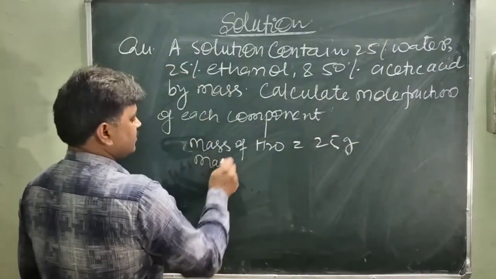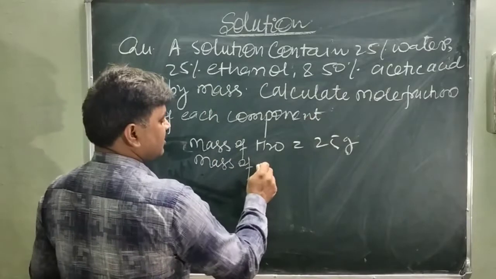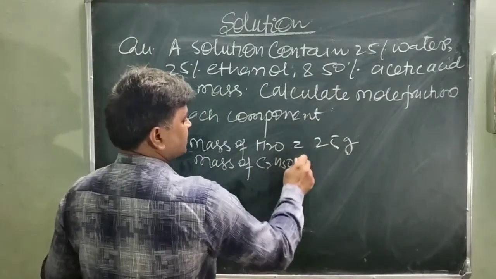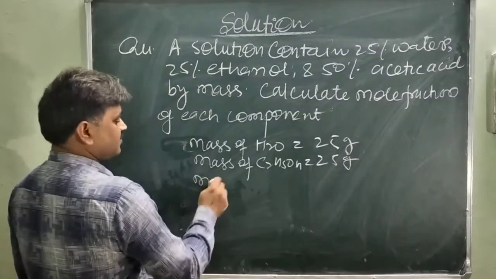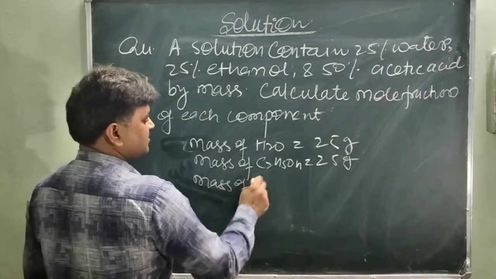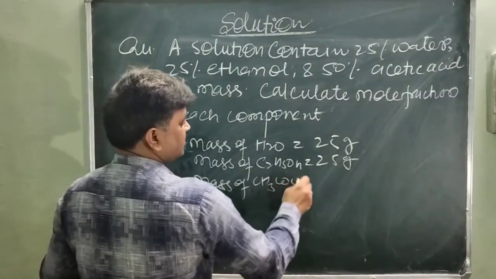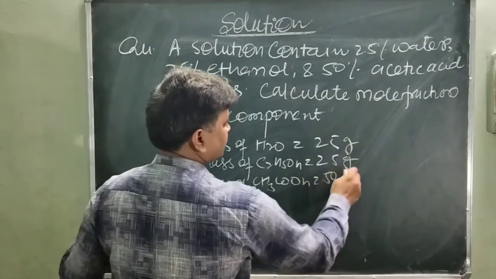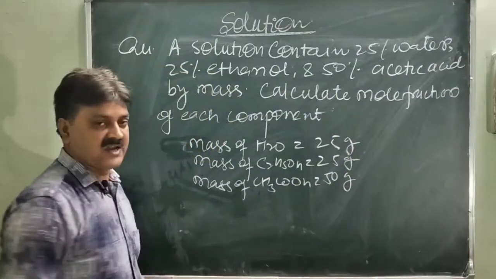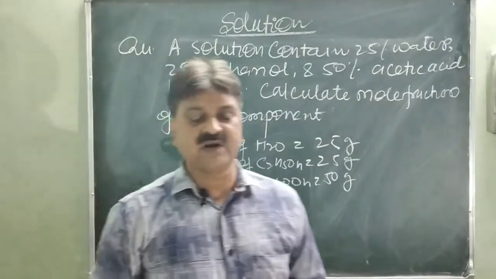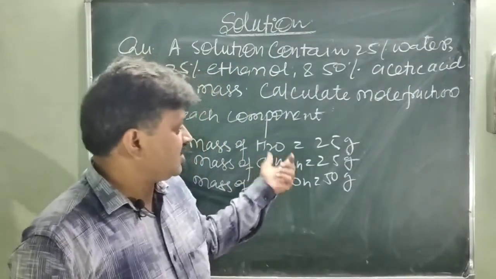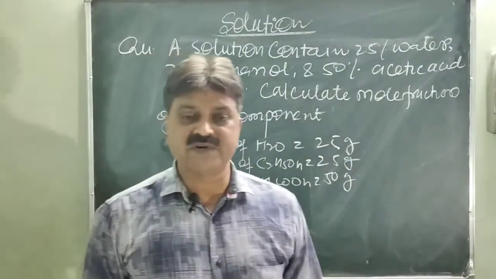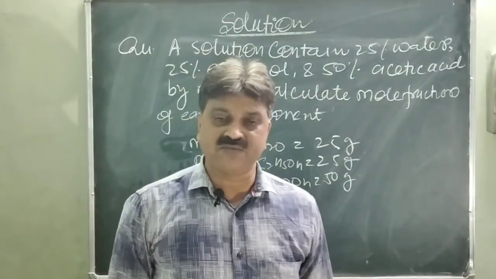The mass of ethanol, C2H5OH, is also 25 gram, and the mass of acetic acid, CH3COOH, is given as 50 gram. Out of 100: 25% water is 25 gram, 25% ethanol is 25 gram, and 50% acetic acid is 50 gram.